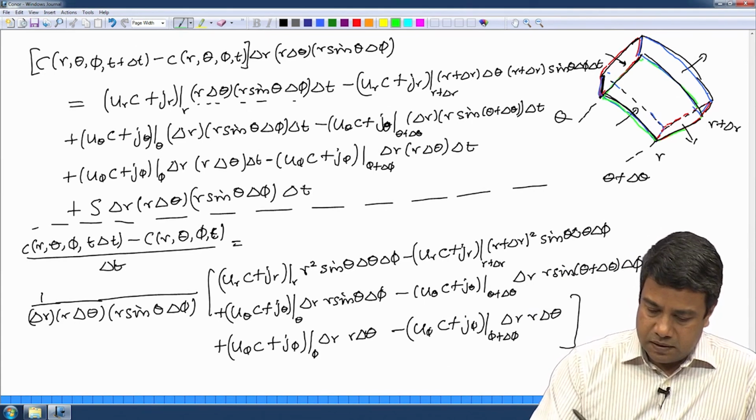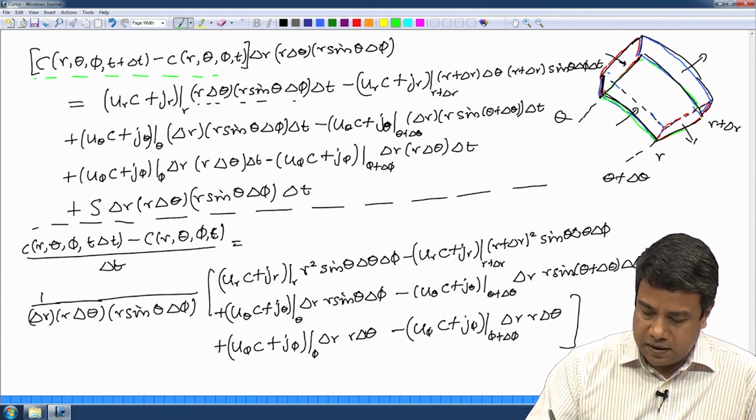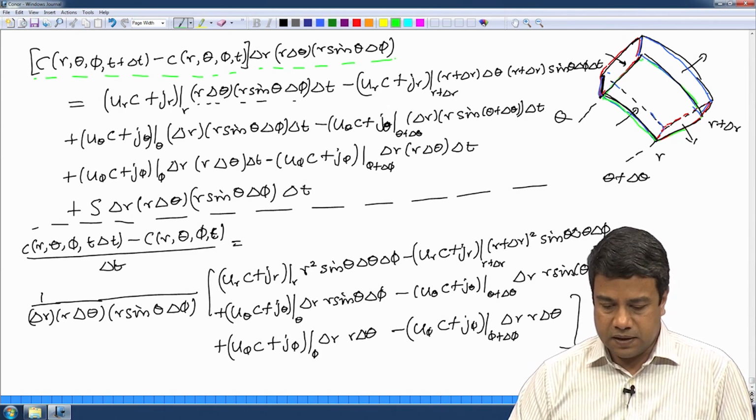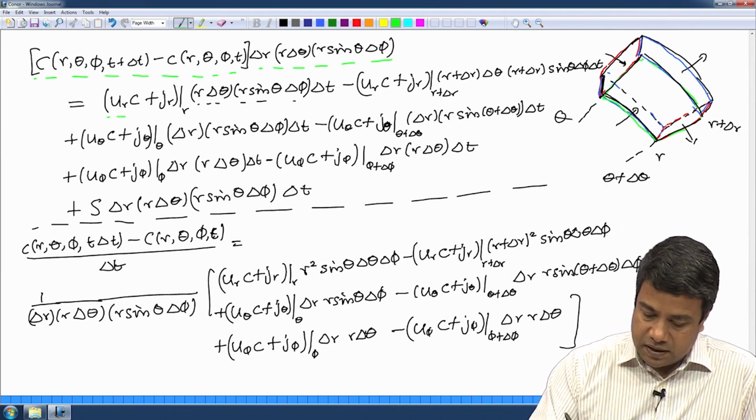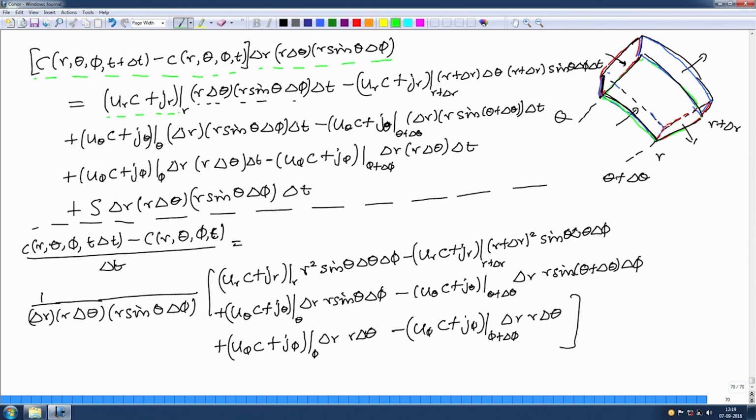So, I have written it down here: the change in concentration over time delta t times the volume is equal to the flux in the r direction at r, that is what is coming in, times the surface area of the surface perpendicular to that direction, which is basically the increment in the theta direction times the increment in the phi direction, minus what goes out at r plus delta r, times the distance in the theta direction times the distance in the phi direction, which is the surface area.